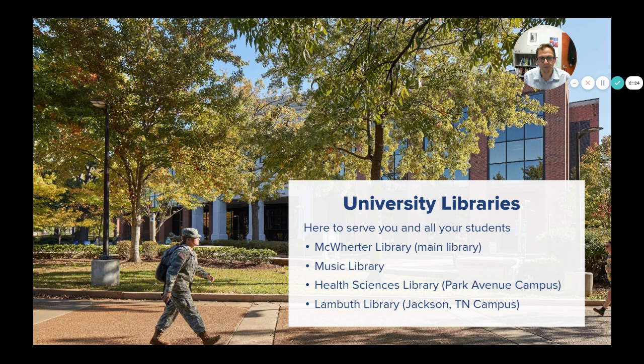Also, just to let you know, even though it's not officially affiliated with the university libraries, we do also have the law library that is part of the law school, which is downtown. But they are technically in separate systems, so they're not part of the university libraries as a whole, but we do have those resources available. Okay? So that's the big overview. Just know that most of our collections, including periodicals, books, and technology, are housed at McWhorter Library.